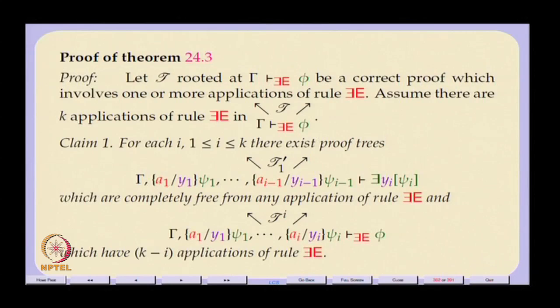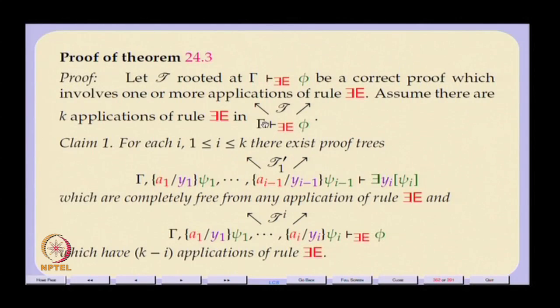You start with a proof tree which uses there exists elimination, and let us assume that there are some k applications of there exists elimination. Then these k applications need not be in the leaves of the proof tree. That's the first thing.